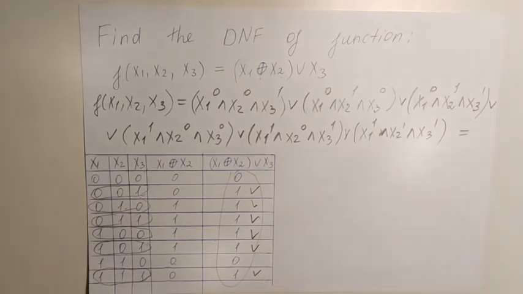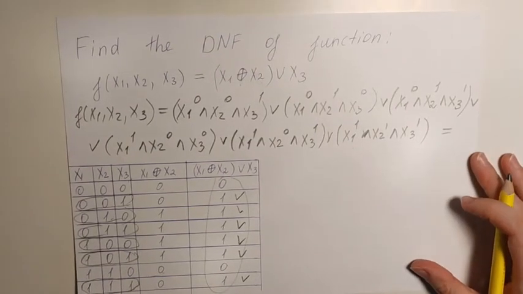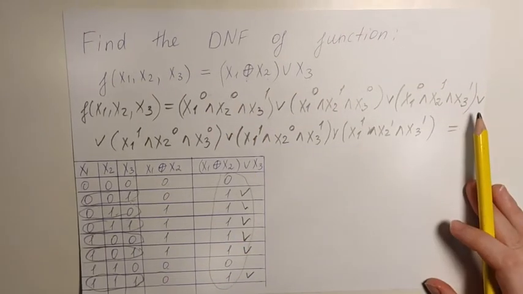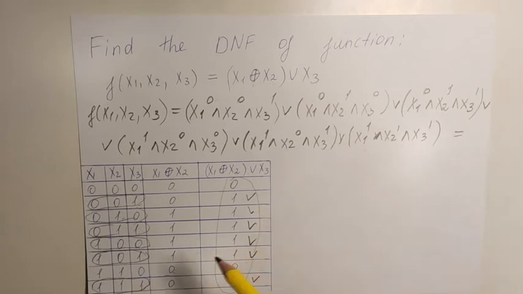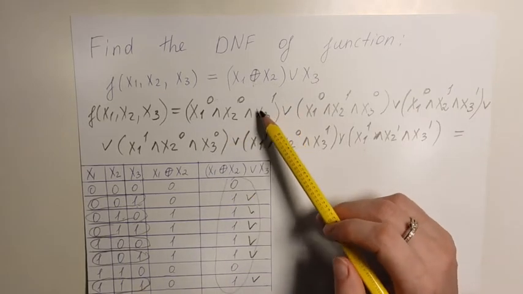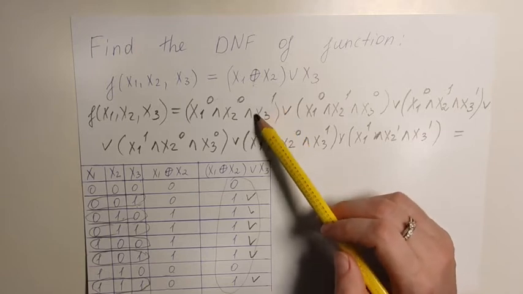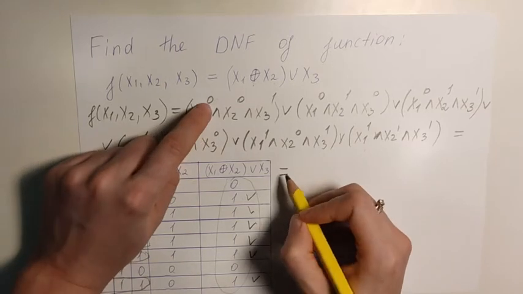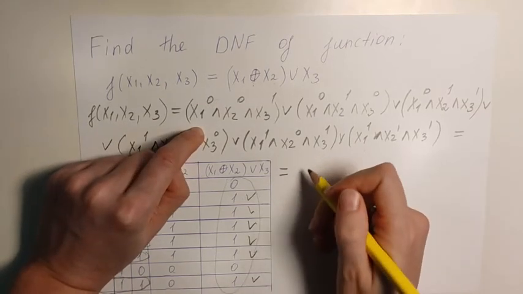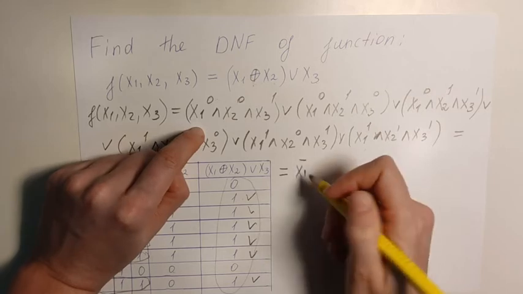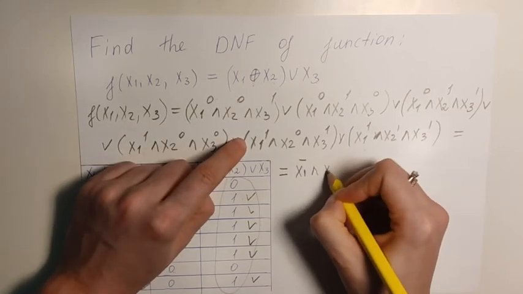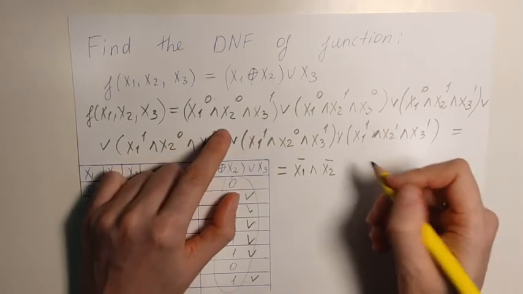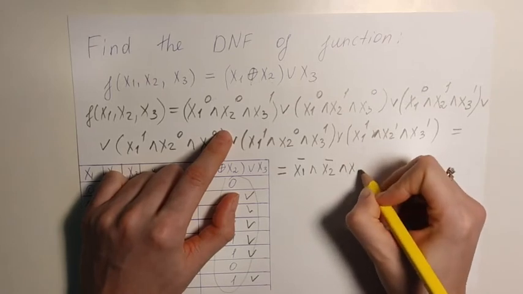Now all we need to do is just replace the zeros by the negation of the variable, while the variables whose truth value is equal to 1 will remain the same. x1 0 will be changed to x1 negation, x2 0 again x2 negation, but the truth value of x3 is equal to 1, therefore it will be the same.